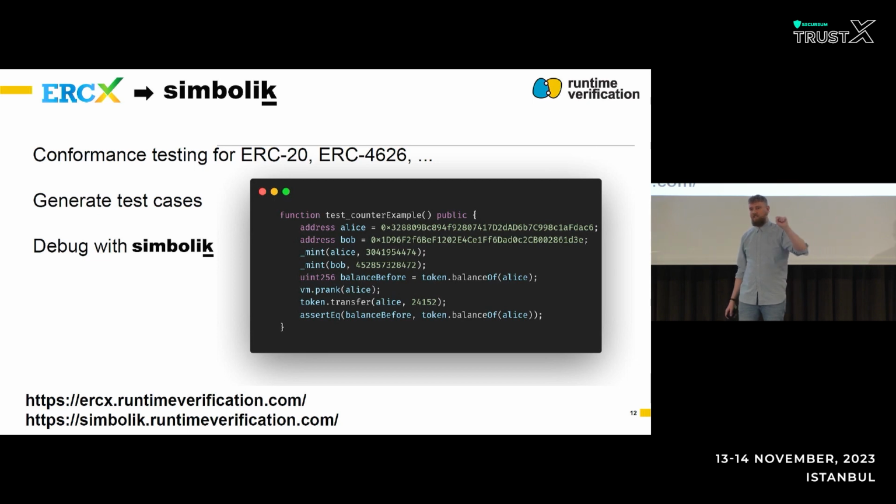If it finds a violation, ERCx will generate a counterexample for you, by which I mean this piece of Solidity code on the slide. It gives you an executable counterexample, and then you can use the debugger to interactively replay what's going wrong with your token.